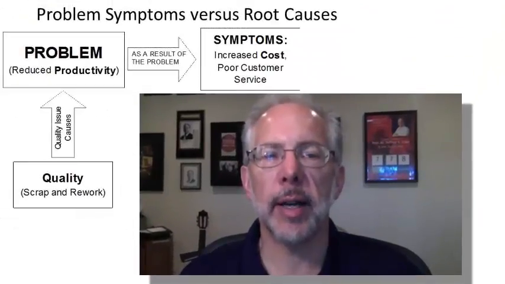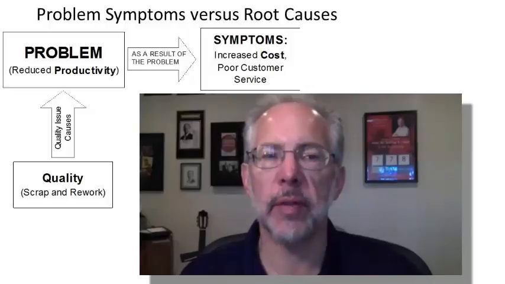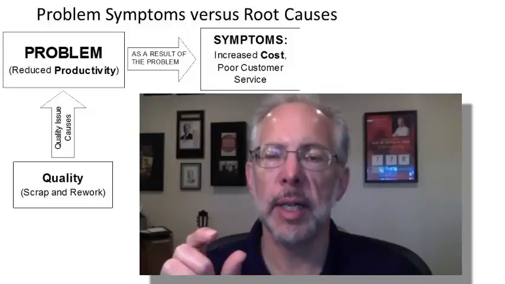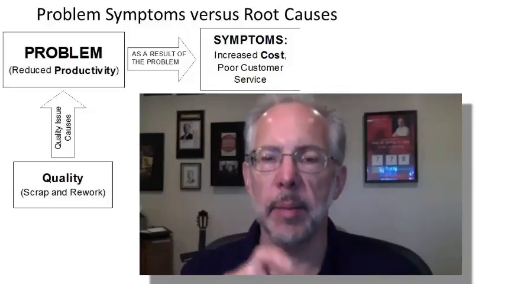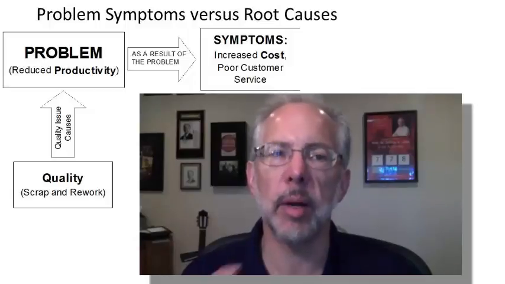I talked about defining the problem as being very important, and one of the problems with defining the problem is that you can come in at many different levels, and you might come in at the wrong level and then end up focusing on the wrong problem.